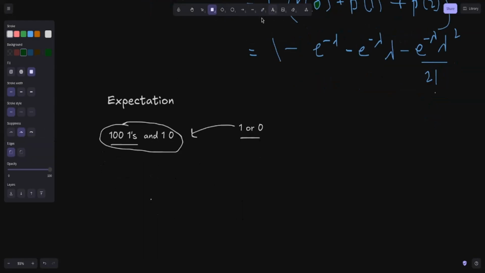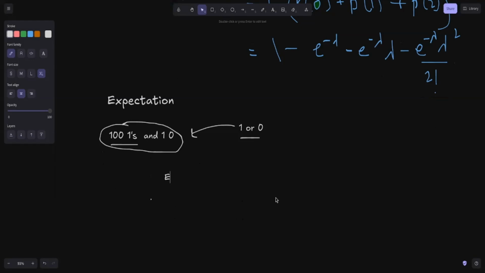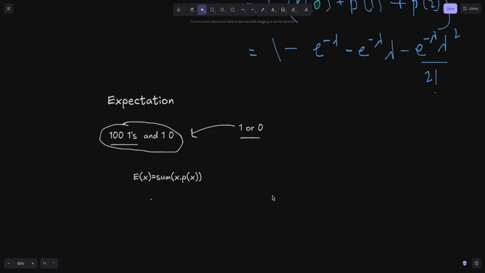Expectation is something very simple. Expectation of X is nothing but the summation of x P(x), nothing else. Okay, it's the summation of x P(x). So for example, what is the expectation of X, where X is the random variable?